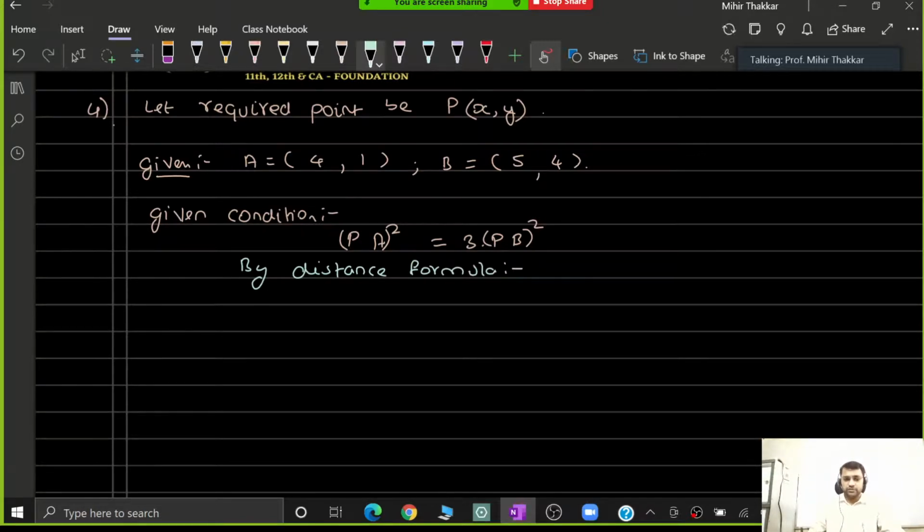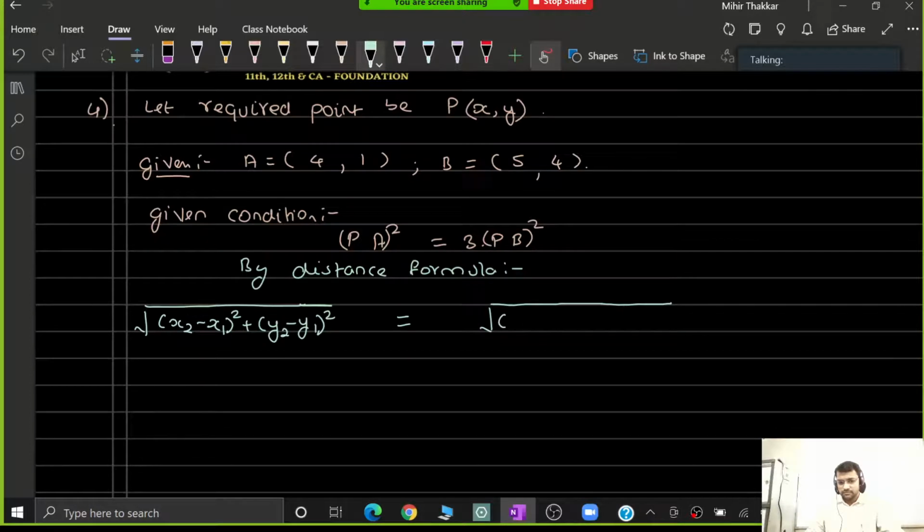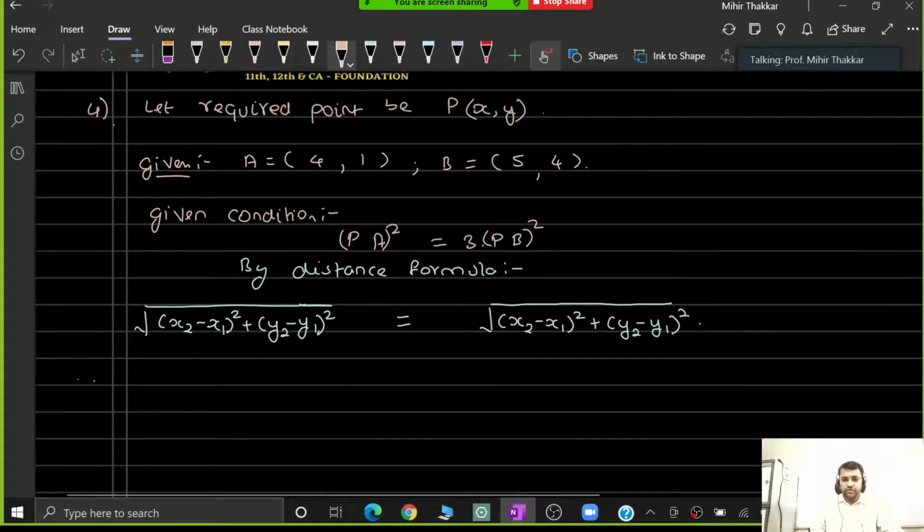By distance formula, we will write the formula: x2 minus x1 the whole square plus y2 minus y1 the whole square. So substitute the values carefully.